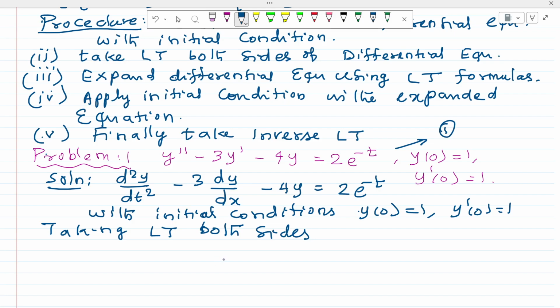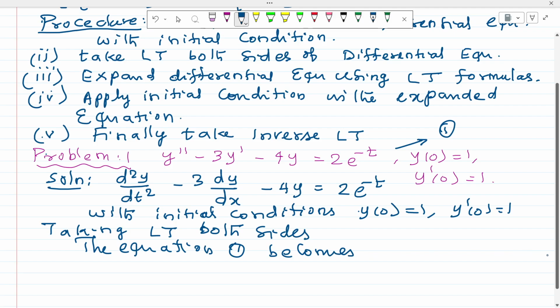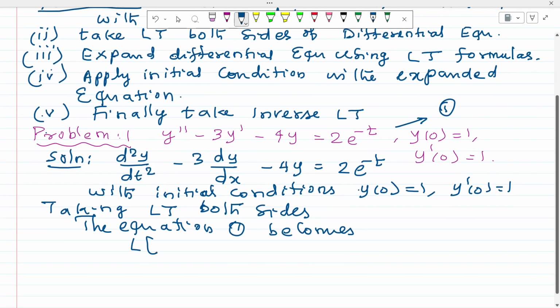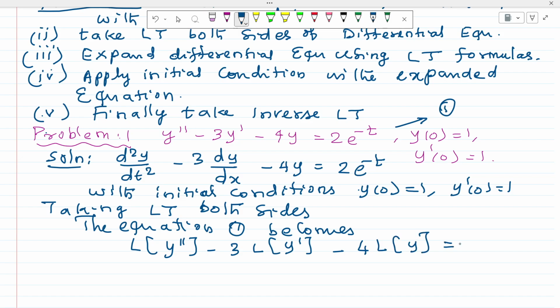So if you take the Laplace transform on both sides, equation 1 becomes Laplace transform of y double dash minus 3 Laplace transform of y dash minus 4 Laplace transform of y equal to 2 Laplace transform of e power minus t.